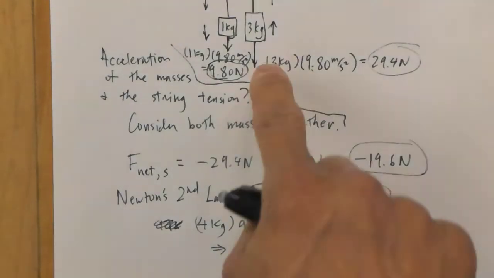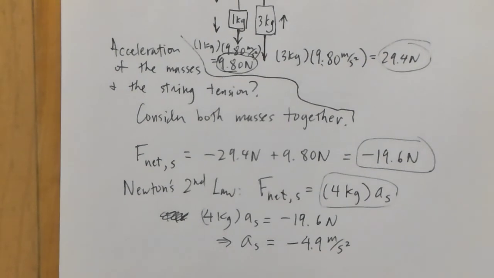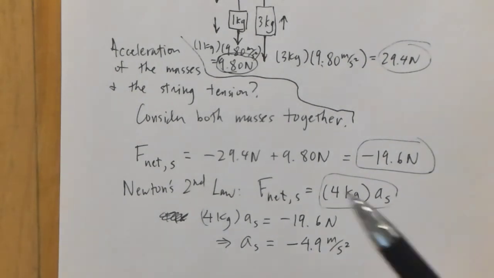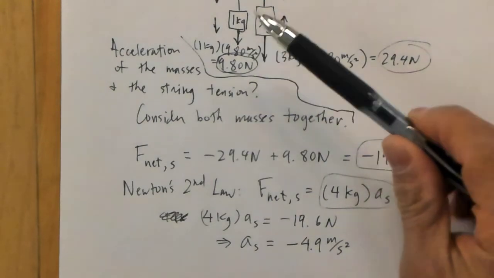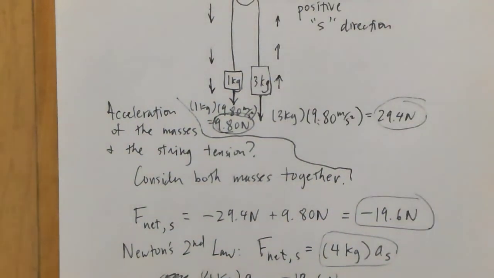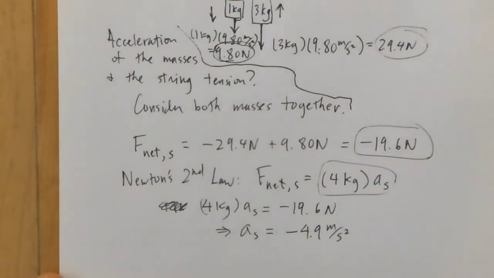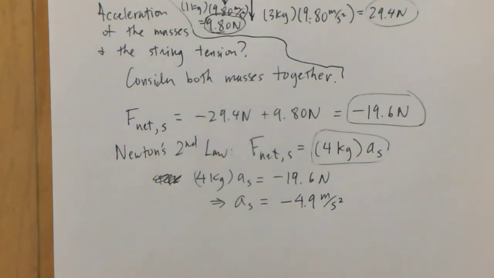And the magnitude of the acceleration is 4.9. Any questions about this? Very good. By the way, if you wanted to check, the 1 kilogram mass would be accelerating upwards with 4.9 meters per second squared, but that should be obvious.